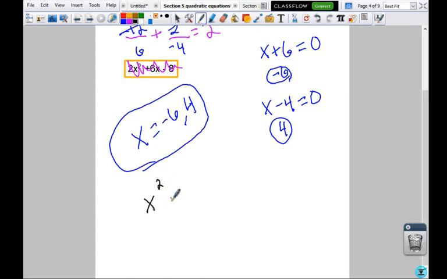So let's go x squared plus 21x minus 72 equals 0. You need a chair.